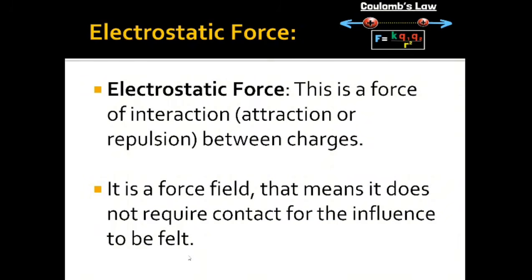Electrostatic force is a force of interaction, either the force of attraction or the force of repulsion between charges. Now, when you keep two charges together, as I said earlier, they interact. On a more physical thing that you can see, let me concentrate a bit on magnets.